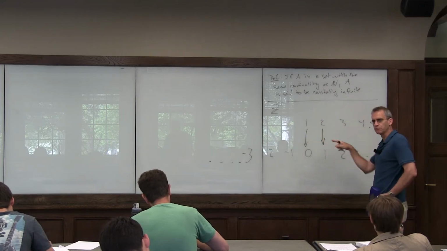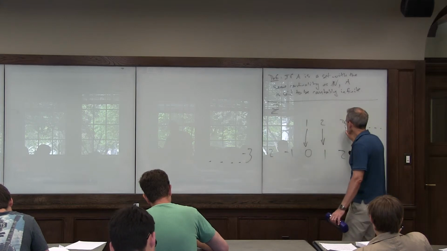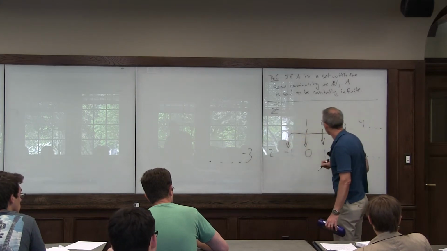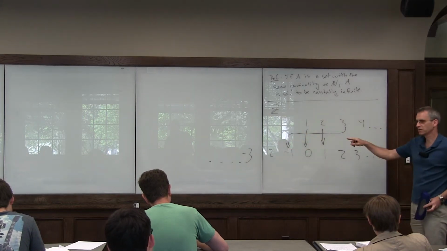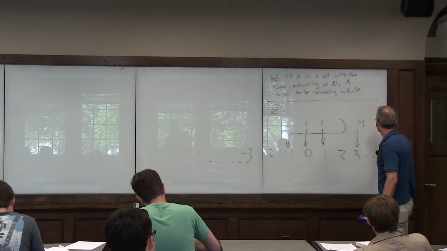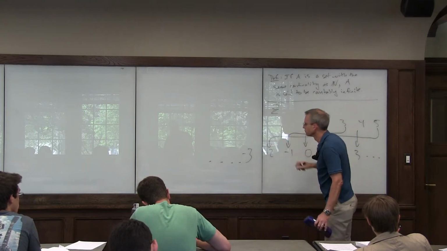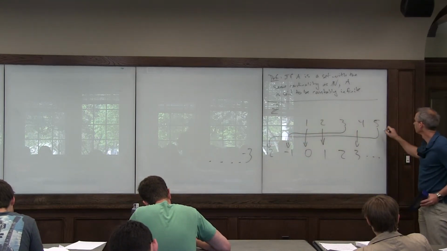Now I need to be going in both directions to get everything, so I need to cross over, and I'll assign 3 to that, and then to make sure I get everything, I'm just going to alternate. So I'll take 4 to here, and then 5, I'll go over to -2, and so on.